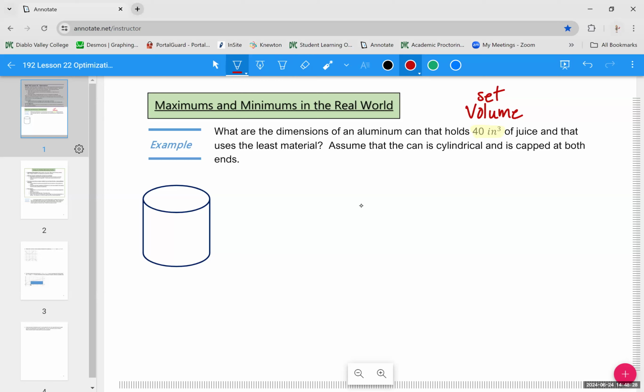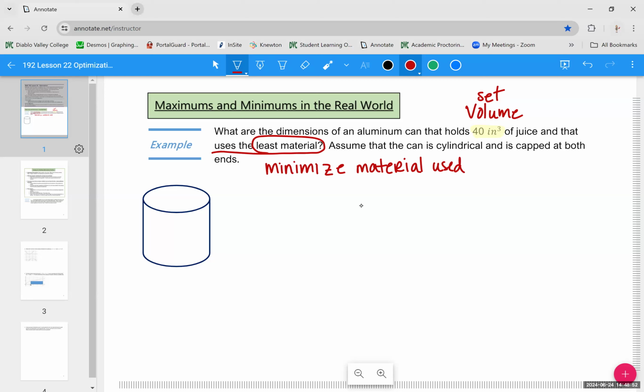But we do want it to use the least material. So the thing we're trying to minimize here is the material used for the can. And we're supposed to assume that the can is cylindrical, and yes, it's capped at both ends, otherwise it would not actually hold the juice.